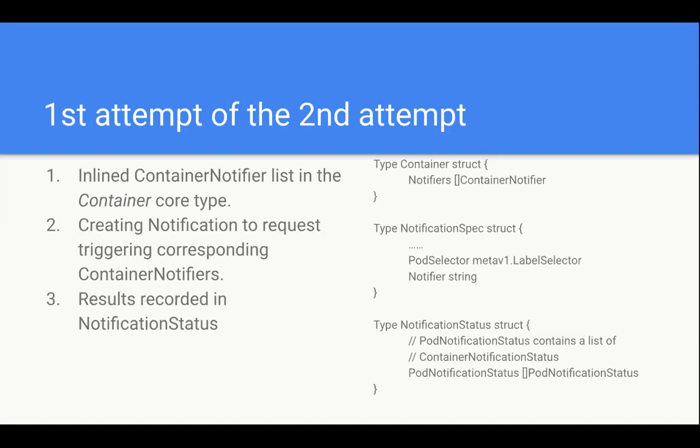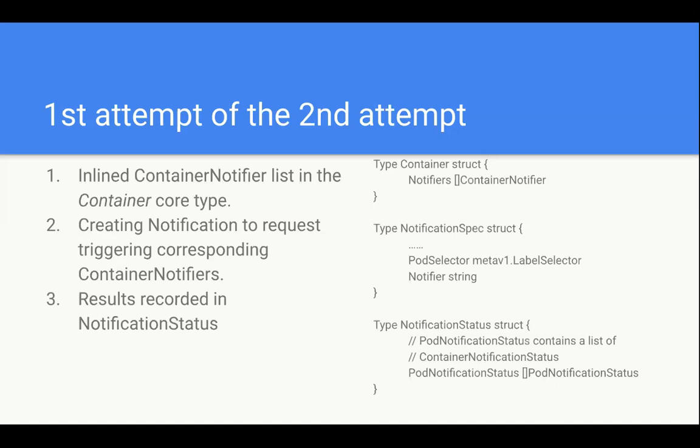Users specify these container notifiers during the pod bring up time or container creation time. So when a user wants to trigger a specific container notifier, they create a notification to request a specific container notifier by specifying the notifier name.